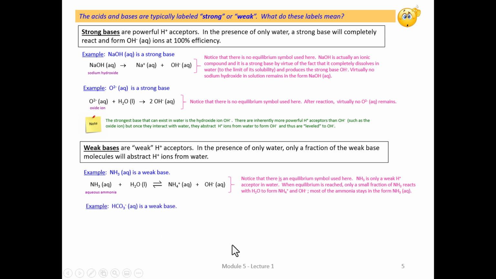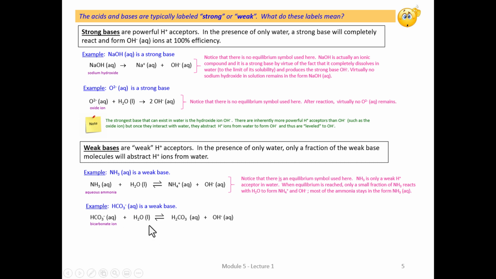Another example of a weak base is bicarbonate ion. If bicarbonate ion interacts with water, it can abstract H+ ions from water, but only slightly because it's just not a very good H+ acceptor. It is an H+ acceptor, so it's a base, but it's a weak base.